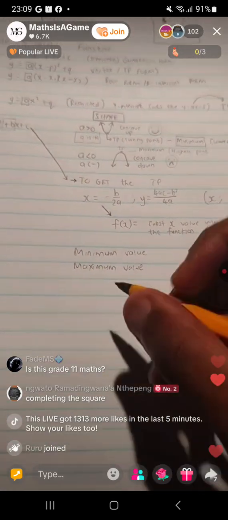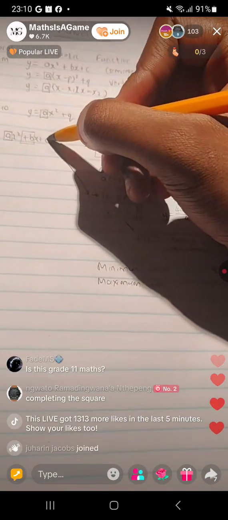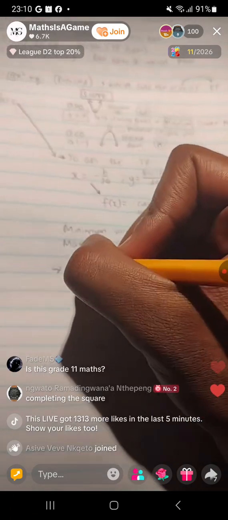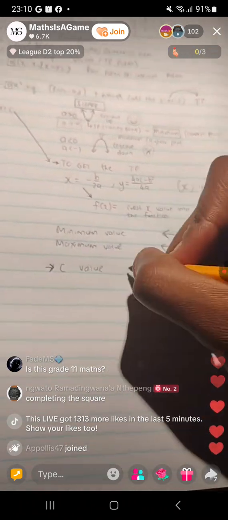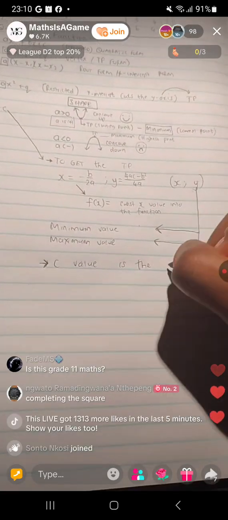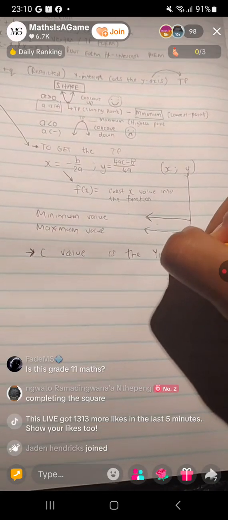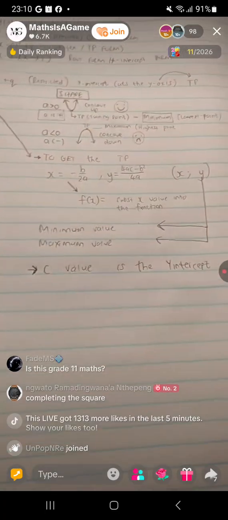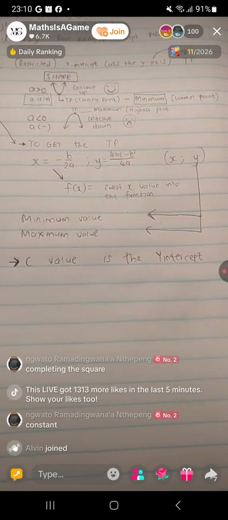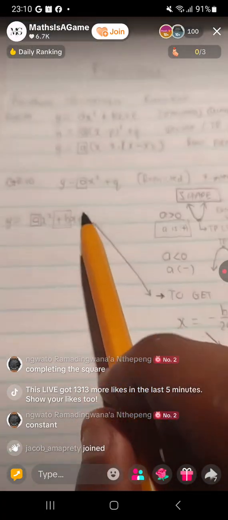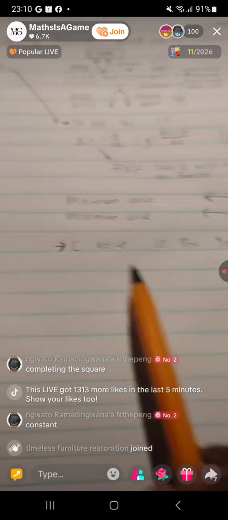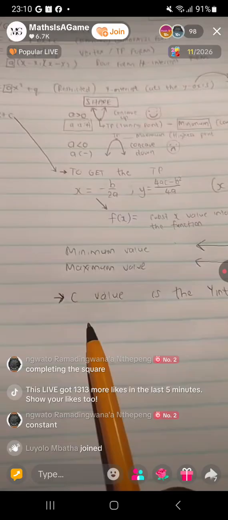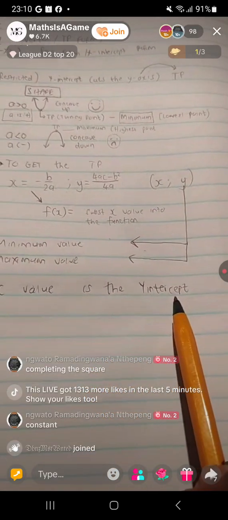The c you see here, the c value, is the y intercept. The c, this constant that is there, is what we call for the function the y intercept.